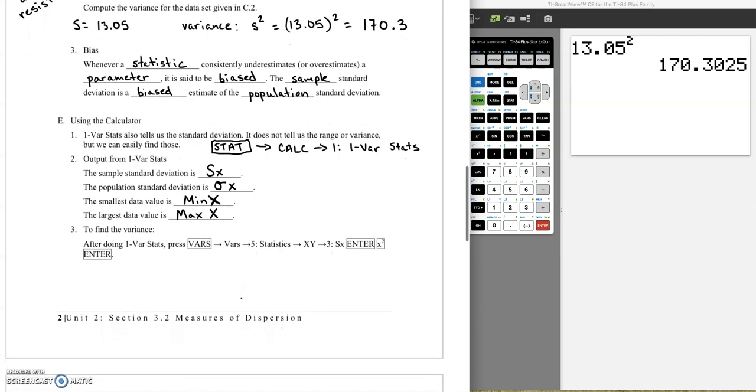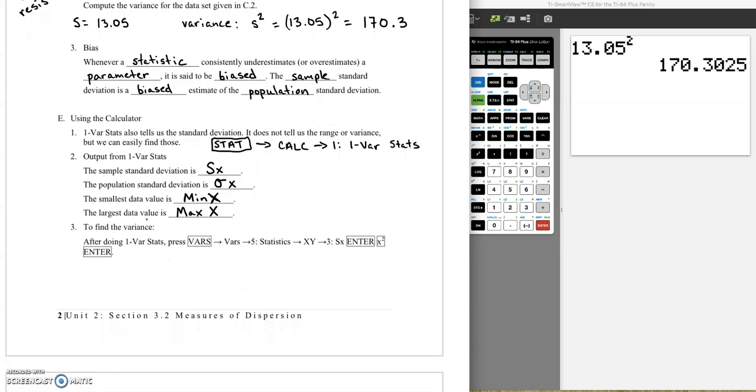So to find the variance, you can either use this set of keys. You press the Vars key, then go over to the Vars menu, choose number 5 statistics. The whole process is right here.